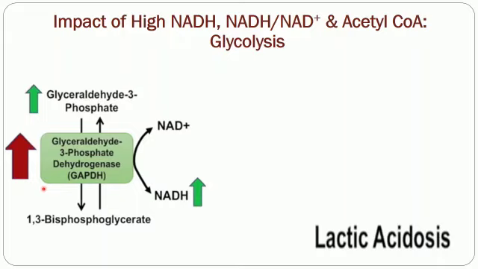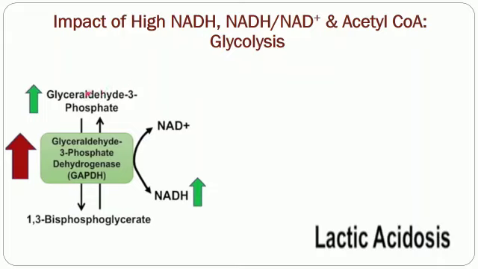But how is it increased? First, we have to remember that breakdown of alcohol causes high concentration of NADH. So now the body will try to reduce this NADH because there's too much of NADH in the mitochondria and the cytosol. So the first mechanism is by dysregulating the glycolysis.